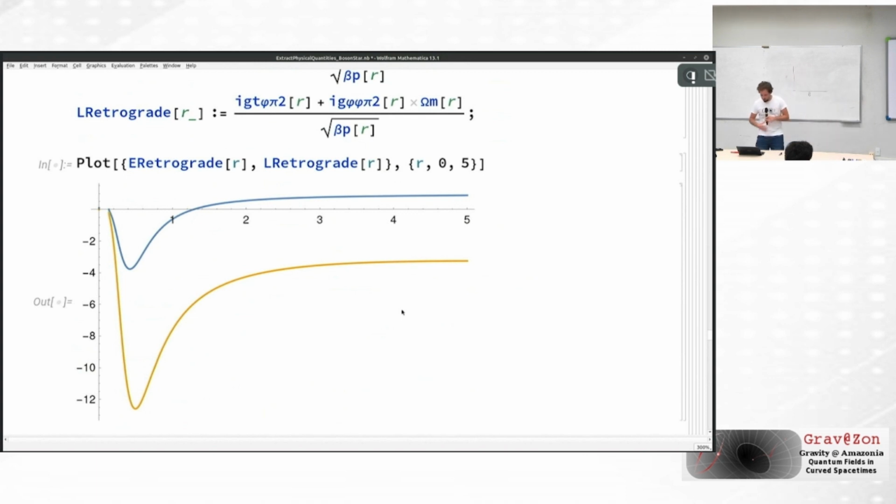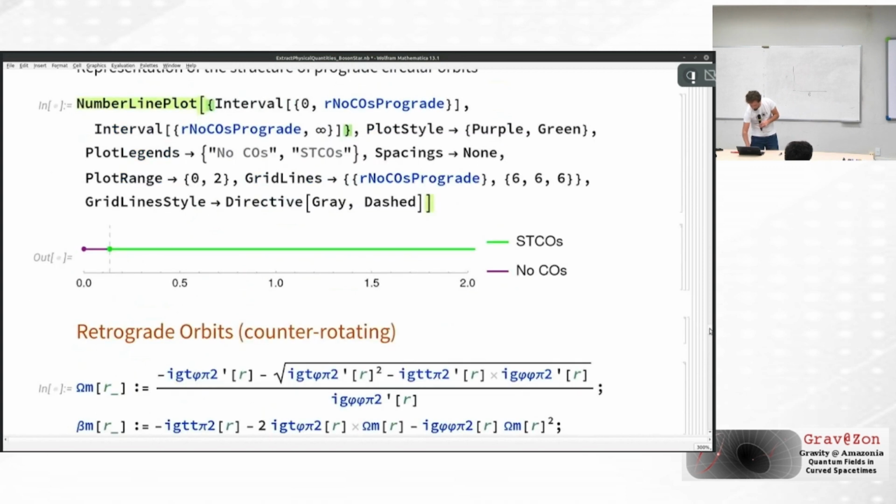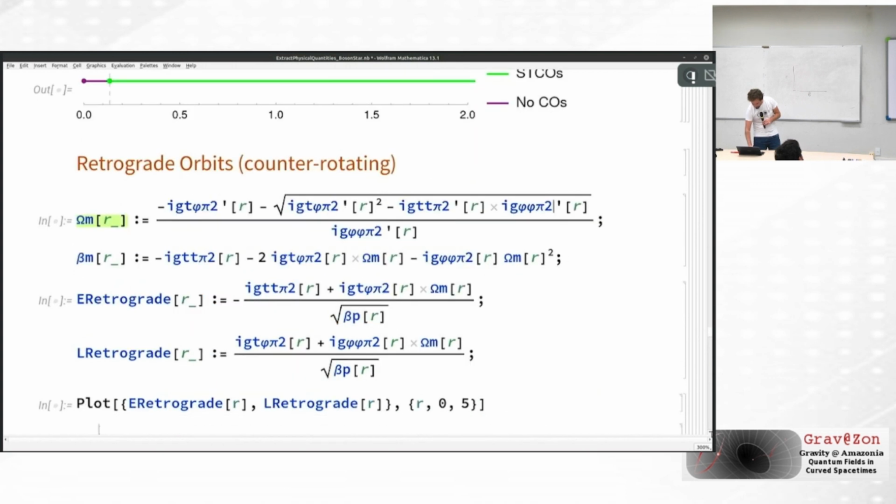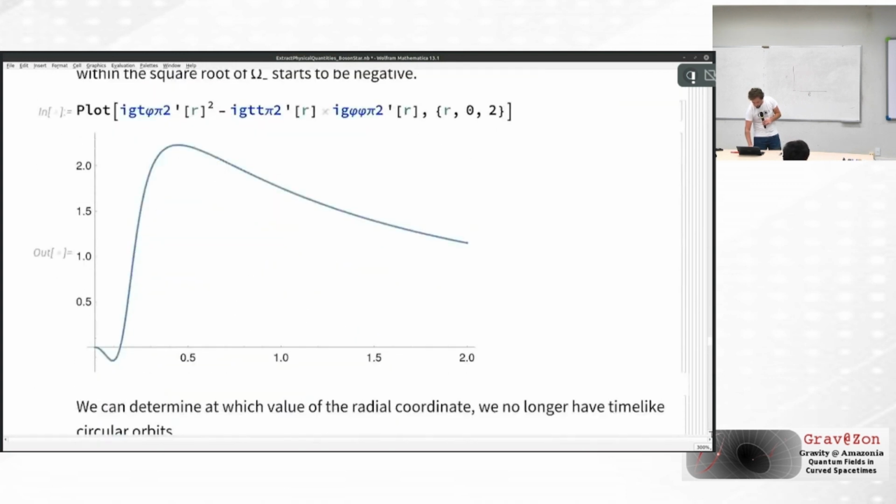This is quite simple to see, because if you look at the expression for the angular velocity, the expression within the square root is exactly the same, independent of whether you are co-rotating or counter-rotating. So this will always appear, at least for spinning boson stars. So again, you see that the part within the square root is negative in some inner region.